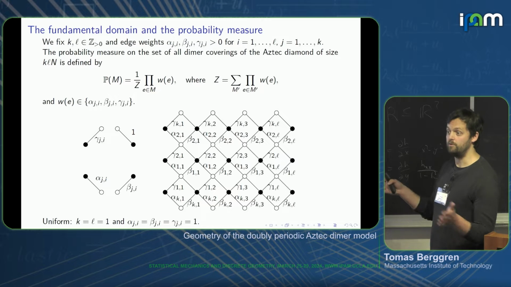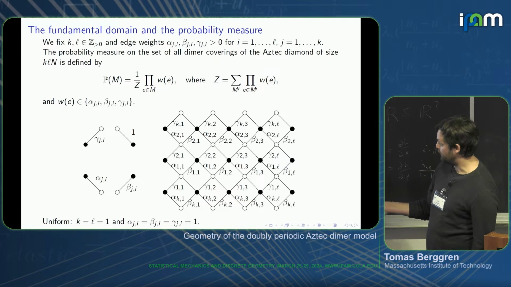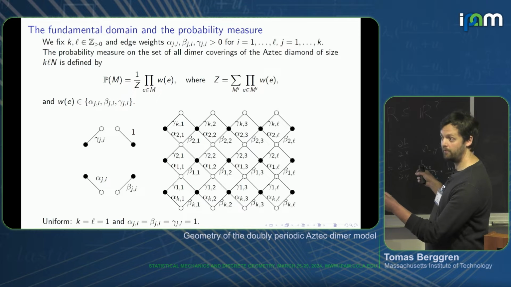And as I said, we do this in a periodic way, meaning that if we follow these types of edges, here we have alpha 1,1, alpha 1,2, alpha 1,3, up to alpha 1,L, and then we start over. So that's the periodicity in the horizontal direction.